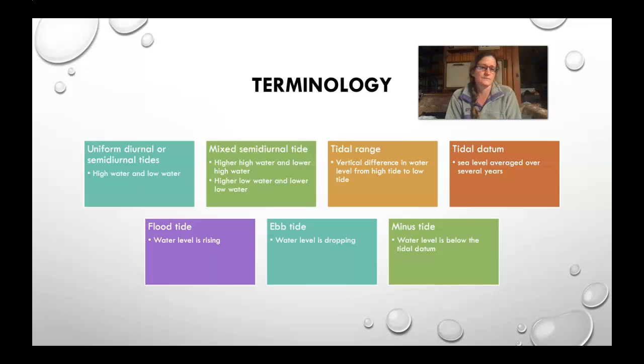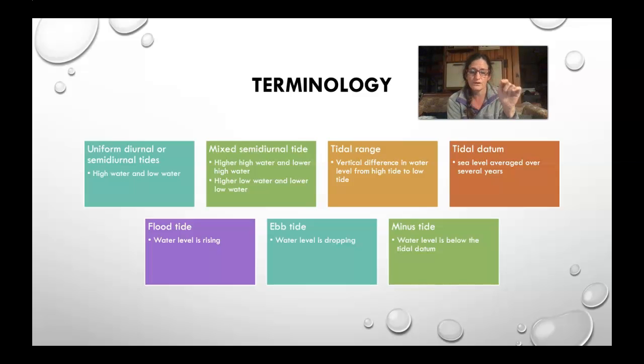The tidal datum, now that just depends on who's setting it, but in order for us to say what is sea level, or if we're talking about changes in sea level, for example, a big thing in the news and science right now is climate change and the effect it has on sea level rise. And so if you're talking about sea level rise, you need to know where is sea level.